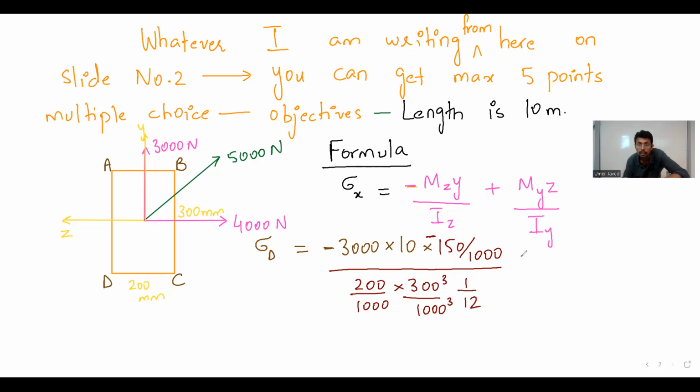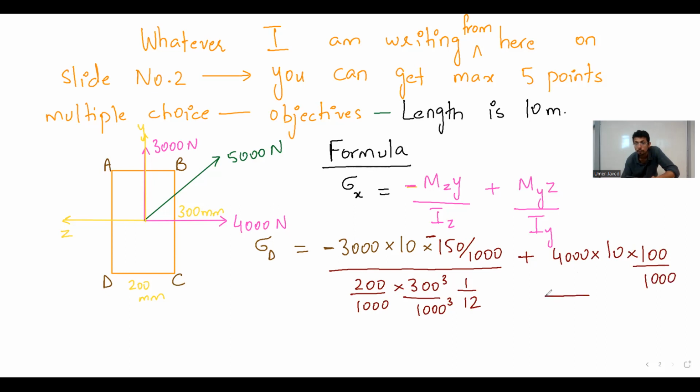Okay. And then you do a plus. What is the moment about the Y axis? Isn't it 4,000 into 10 multiplied by, isn't it positive Z-axis is 100, correct? How many students agree and how many disagree?